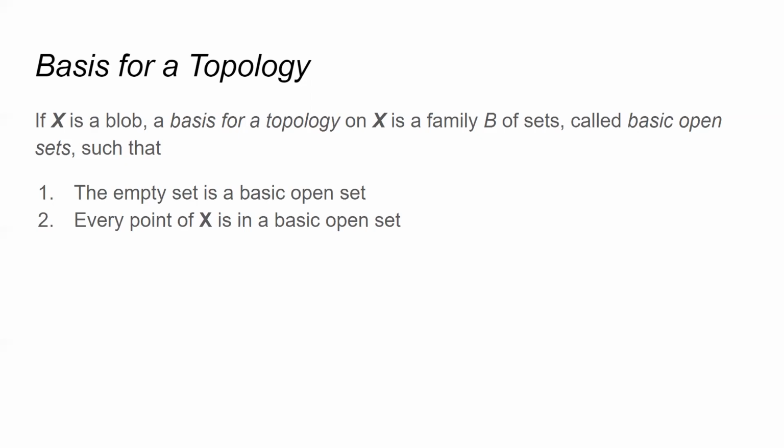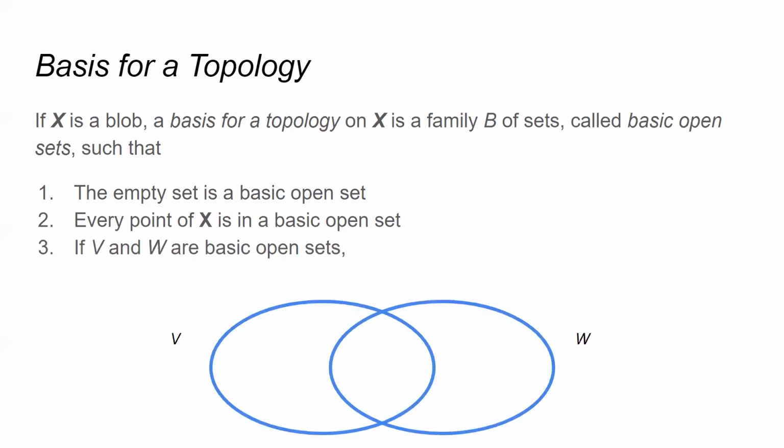Okay, condition 3 is a little bit more involved. Condition 3 says that if V and W are basic open sets, so below I have V on the left and W on the right, and you can see they have kind of an I-shaped intersection in the middle. Okay, so if V and W are basic open sets, and P is some point of the intersection of V and W, you can see P is in that I-shaped intersection.